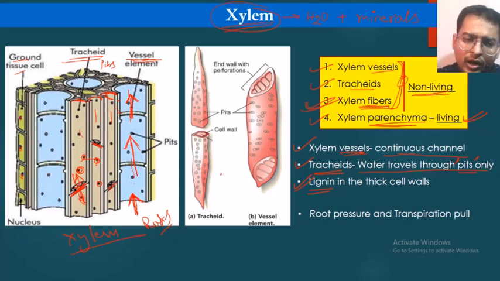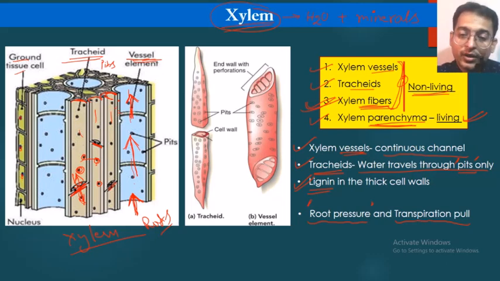So how is this water transported from the roots to the other parts of the plant? It is transported via root pressure and transpiration pull. Root pressure we have discussed in our previous class. By the process of osmosis, the root hairs are taking the water from the soil.